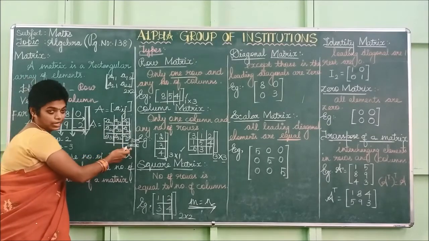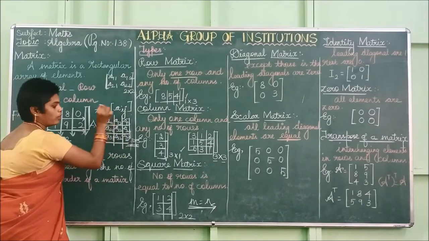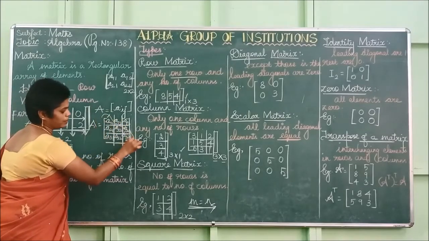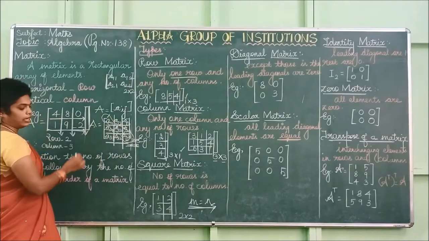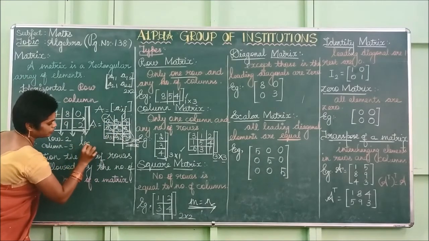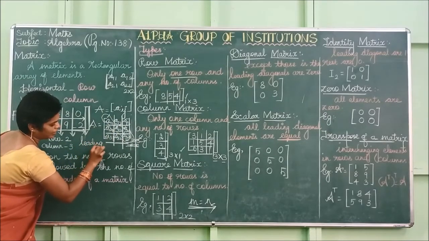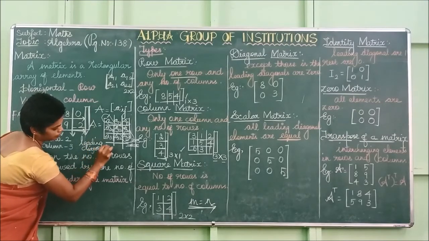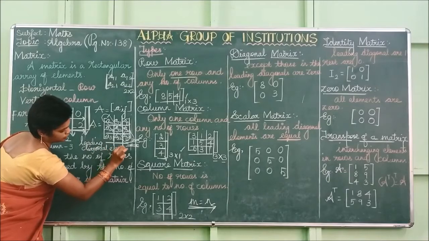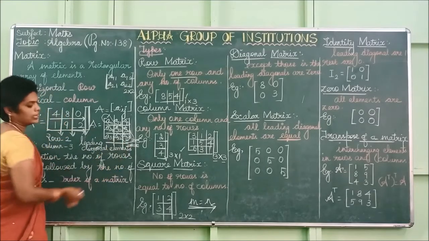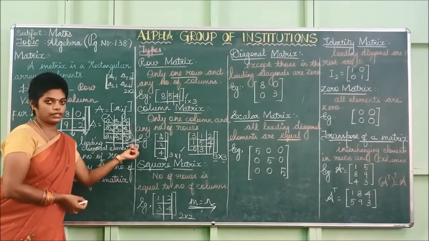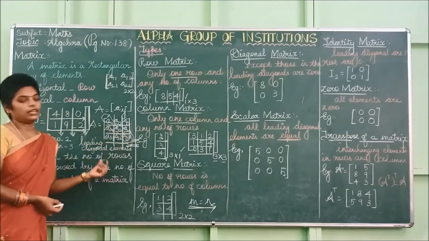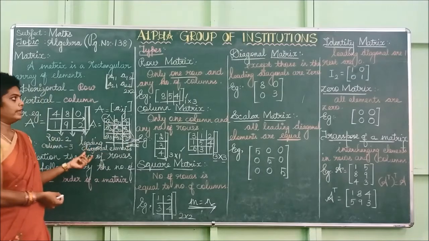These elements A11, A22, A33 are called the leading diagonal elements.